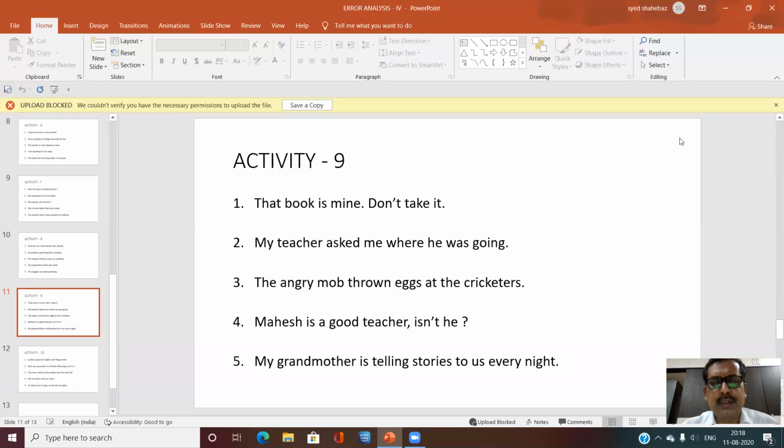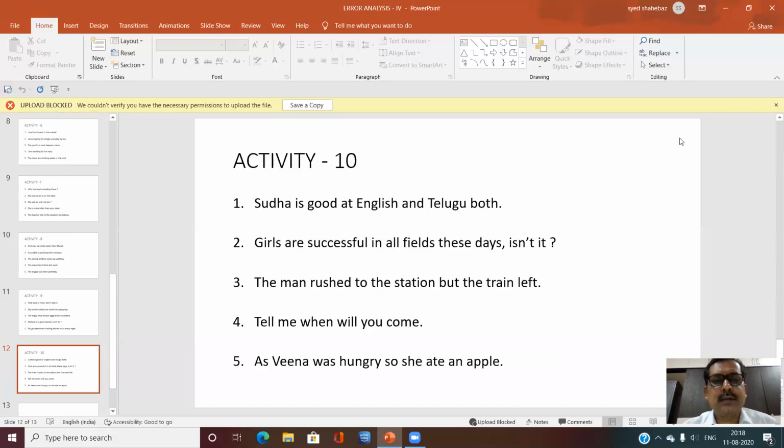Mahesh is a good teacher, isn't he? My grandmother tells stories to us every night. Sudha is good at both English and Telugu. Girls are successful in all fields these days, aren't they?